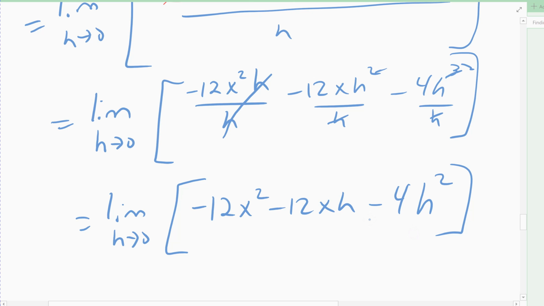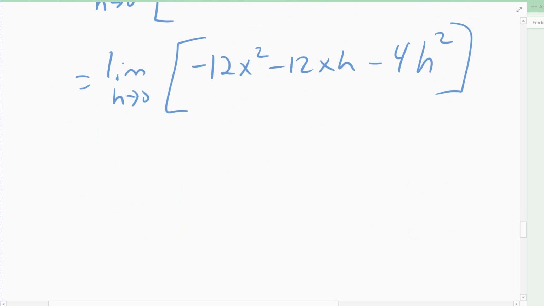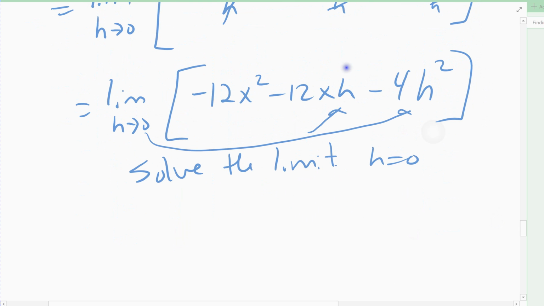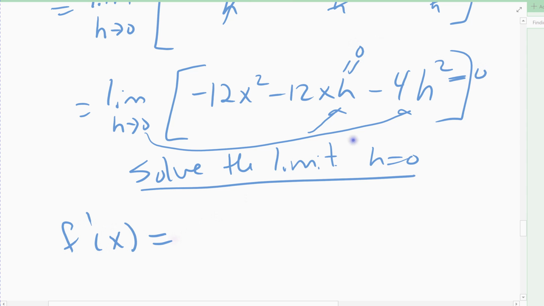Now I'm to the goal. I got rid of the divide by h. Now I can solve the limit by plugging in 0 for h. There are two h terms, so you plug in 0 twice. When you solve the limit, you get the derivative function.